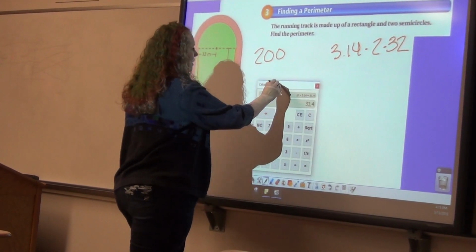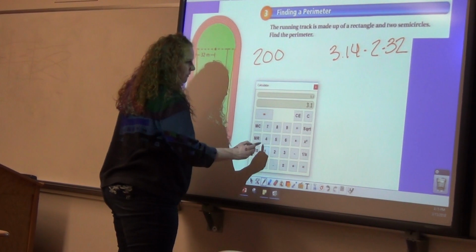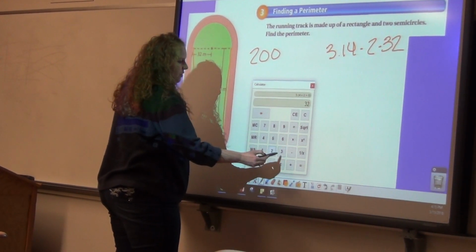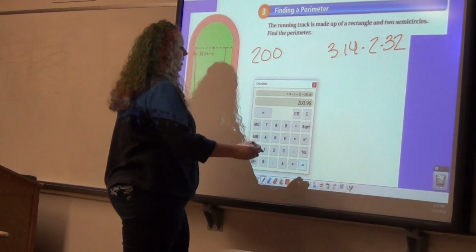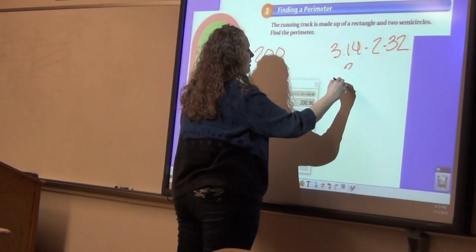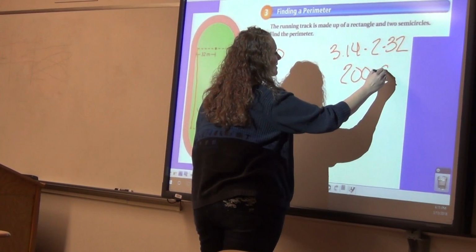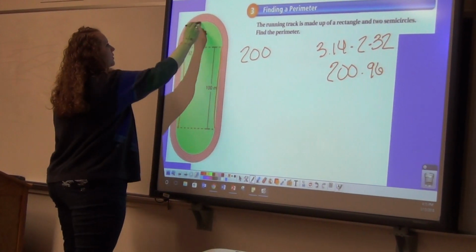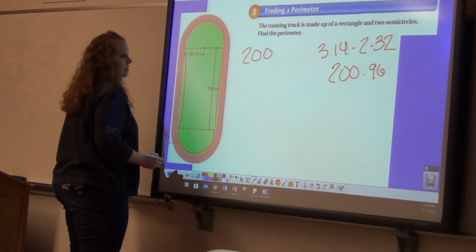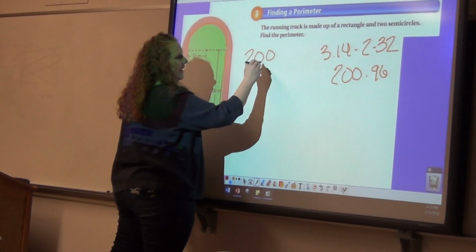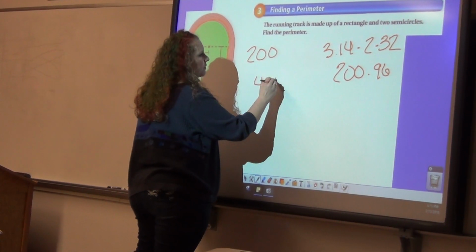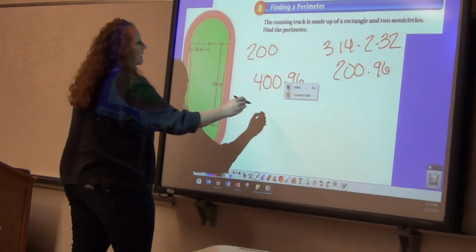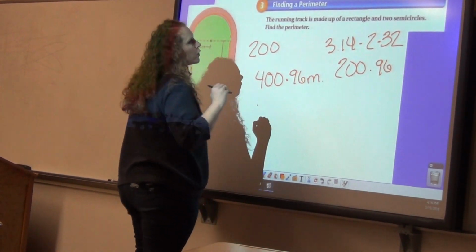Okay, so we've got 3.14 times 2 times 32, which equals 200.96, which is the distance from here to here and here to here together. So our answer, when we add these two together, is going to be 400.96 meters. This is in meters. Make sure you label it.